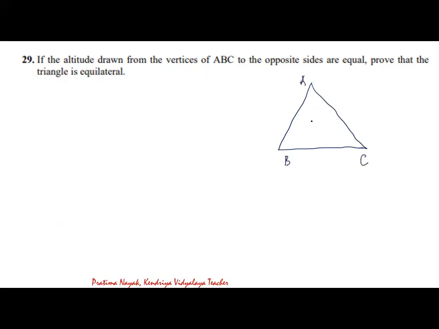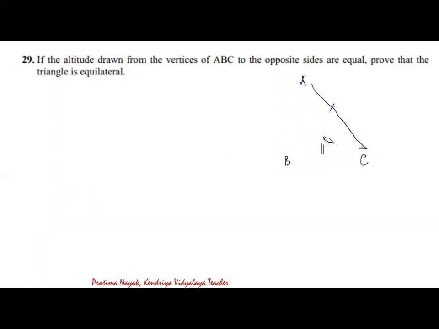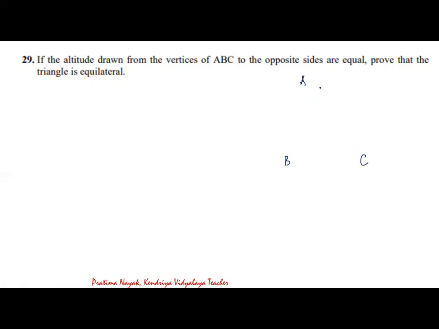So ABC is an equilateral triangle, means AB is equal to BC is equal to, oh sorry, I have to prove it. I cannot make them equal. Very sorry. I have to prove they are equal. Then what is given? Given that these altitudes are equal.